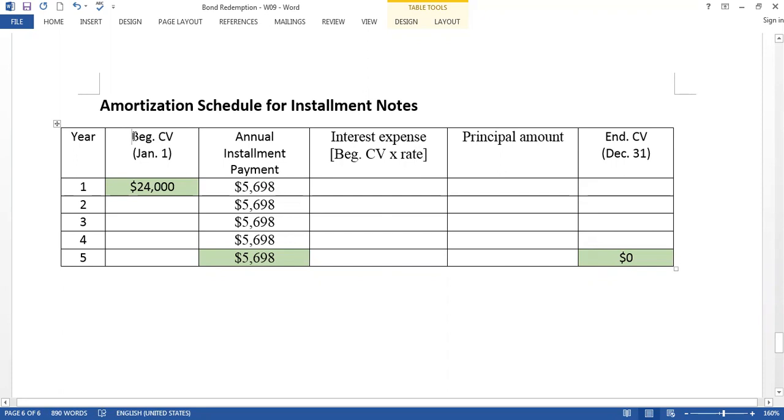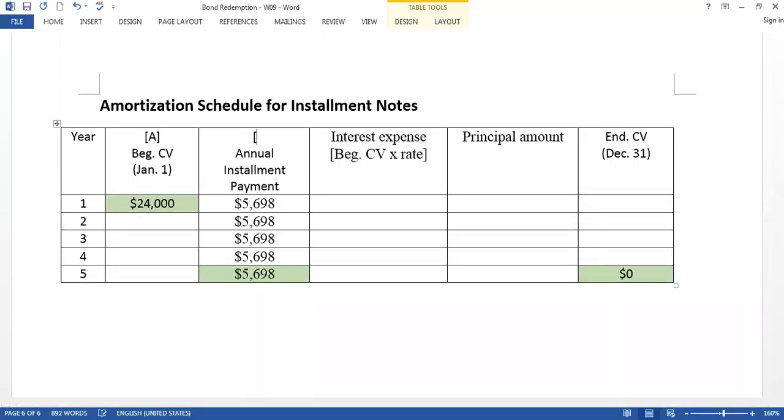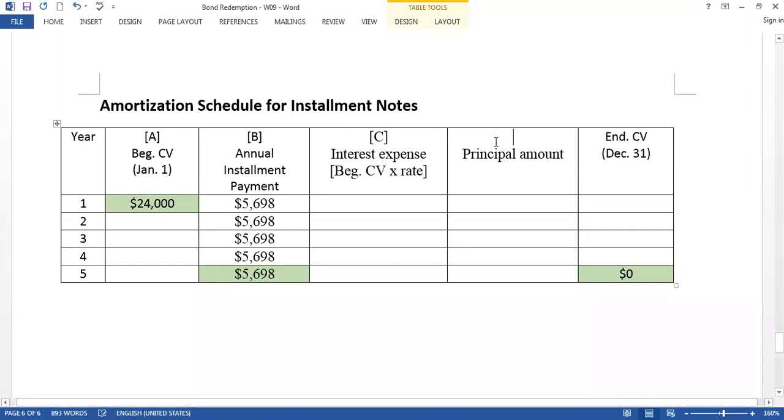So I can show you. If you follow this kind of thing, it will make it easy. This is column A. This is column B. This is C. This is D. And this is E. It will make it easy to solve this question.